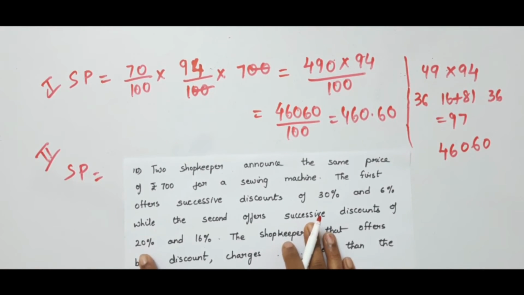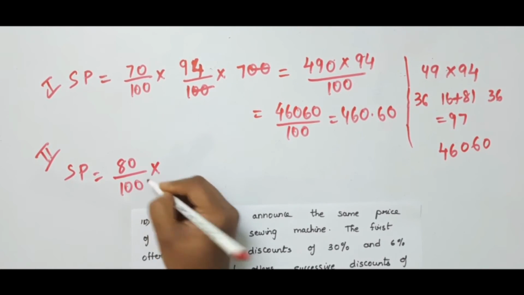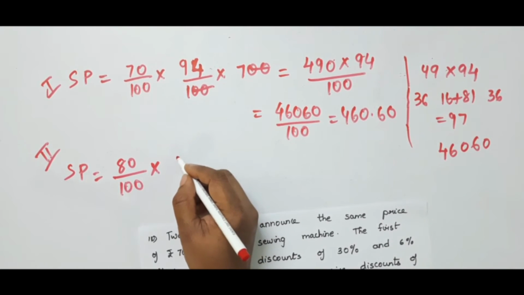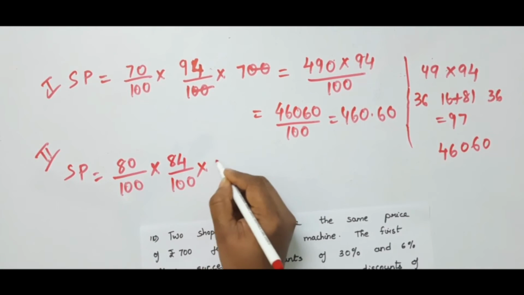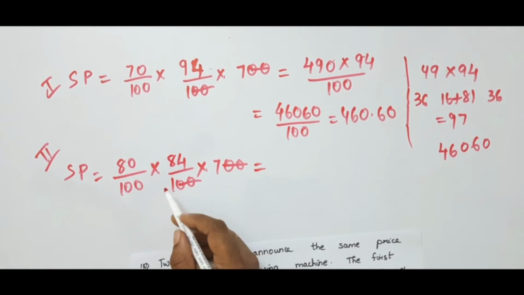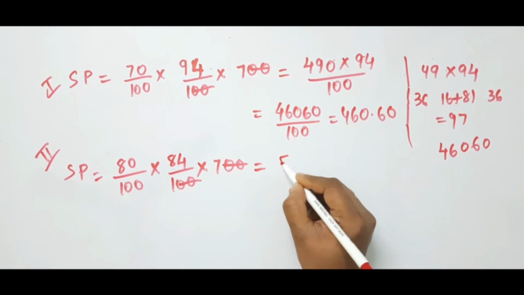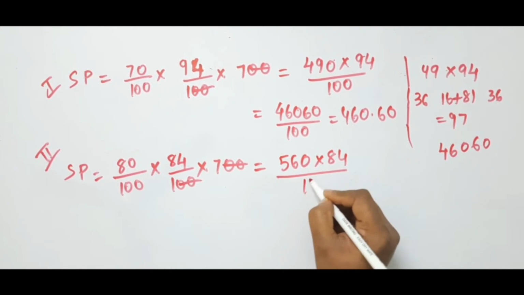So 100 minus 20 is nothing but 80 by 100 into 16, is it not? 16 means 100 minus 16 is nothing but 84 by 100 into 700. 0 cancels. So this is equal to 8 7s are 56, 560 into 84 by 100.